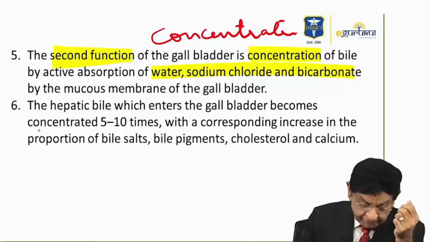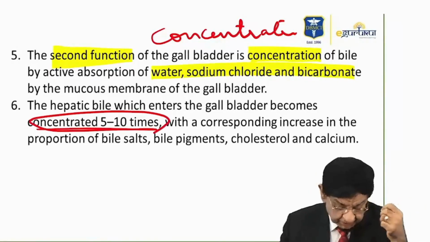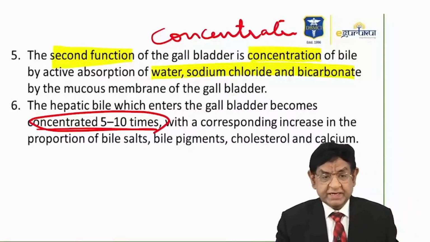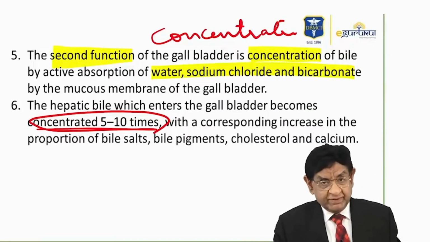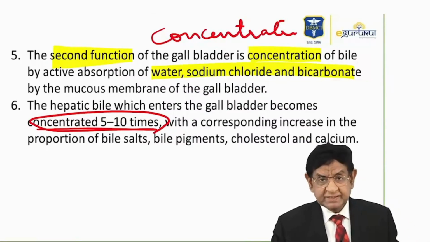Okay. So the bile will be concentrated. How much? 5 to 10 times. If I say 10 times, it means 1000 ml was produced by the liver, and ultimately when it comes to the gallbladder, it is concentrated 10 times.